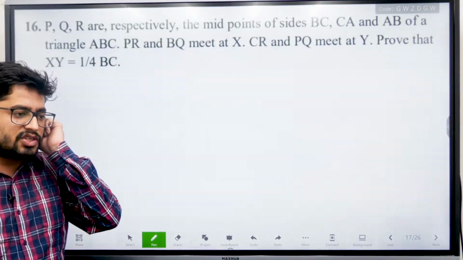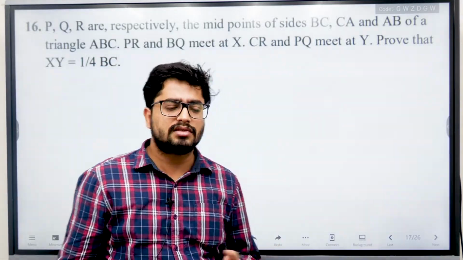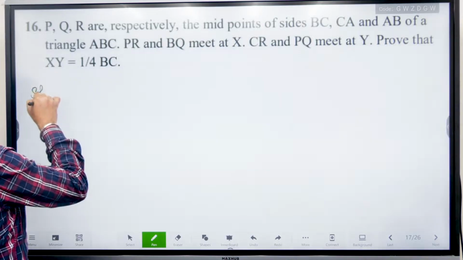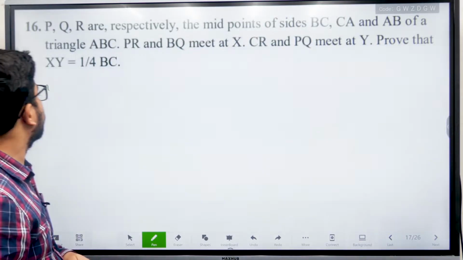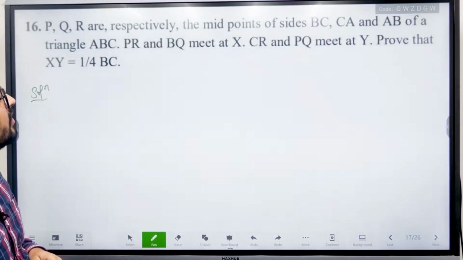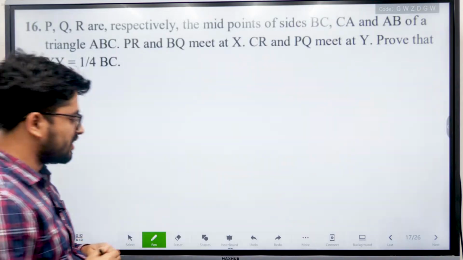Now this is your revision section, in which we have some questions from your 10th class, 10th or 9th basically. So solution. P, Q, R are respectively the midpoints of sides BC, CA and AB. So we have a triangle ABC first of all.